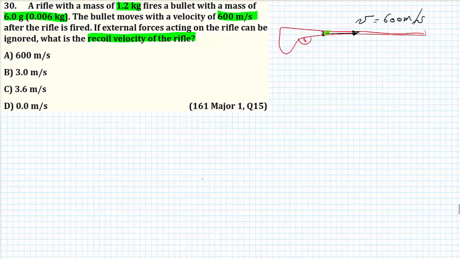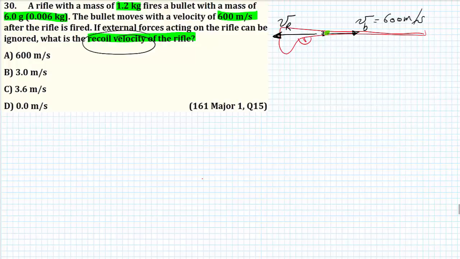At the same time, if you hold the rifle in your hands, you will feel that the rifle pushes you back because of its recoil velocity. Okay? So it pushes you back with a certain velocity VR. So I will call the velocity of the bullet VB and the velocity of the rifle VR.